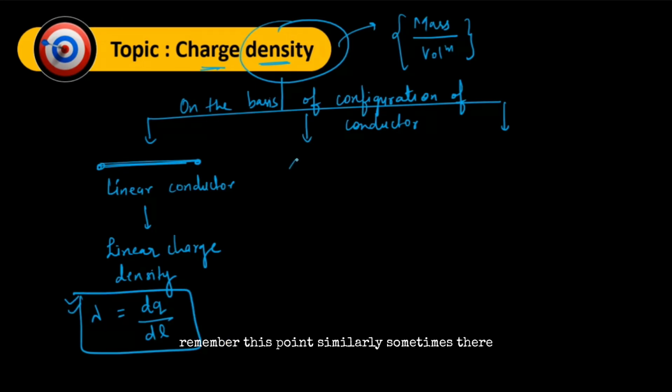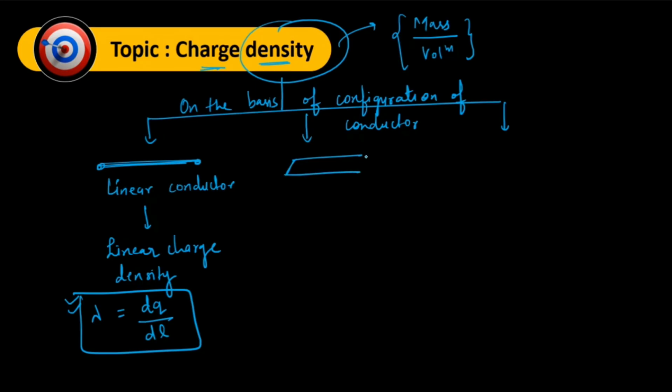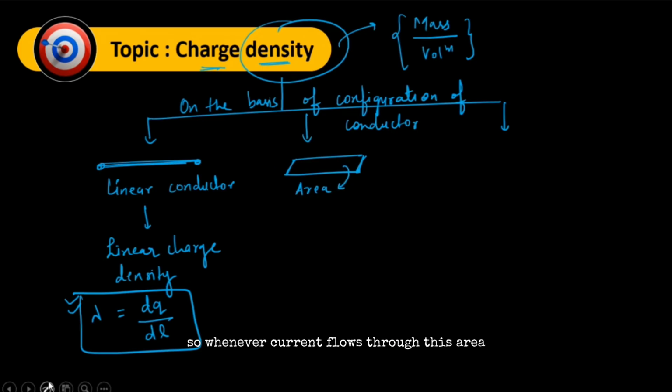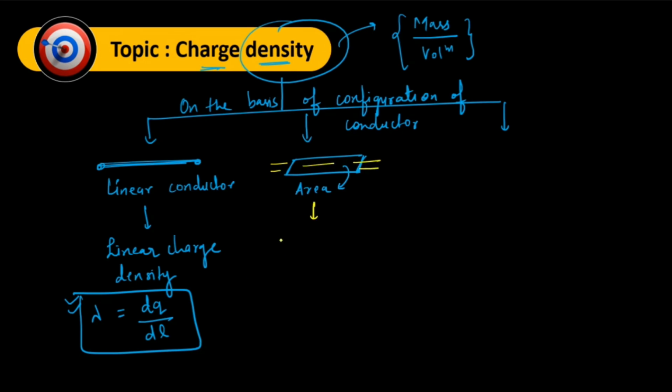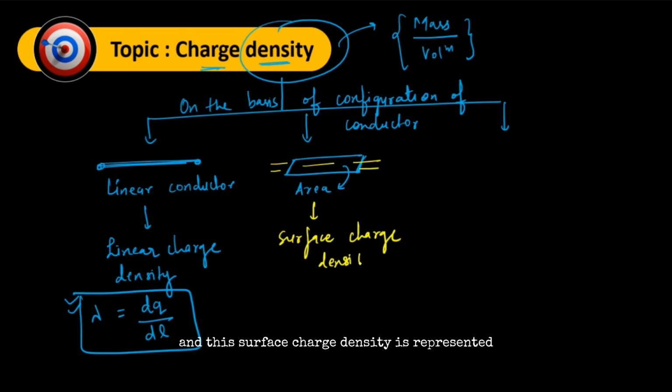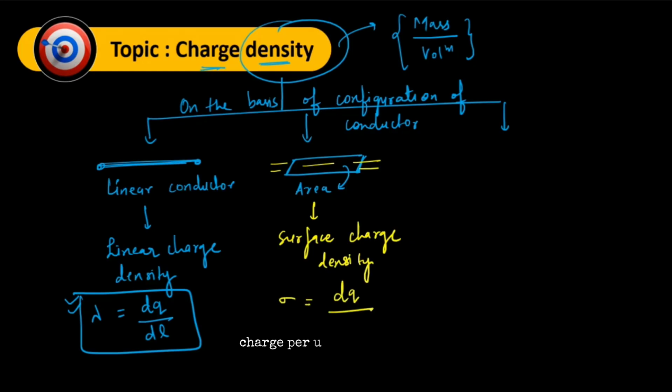Similarly, sometimes there is a metal plate which is conducting in nature. This conductor has some area. Whenever current flows through this area, there must be some charge density, and that is represented by surface charge density, with the symbol sigma, which is nothing but charge per unit area, dq by dA.